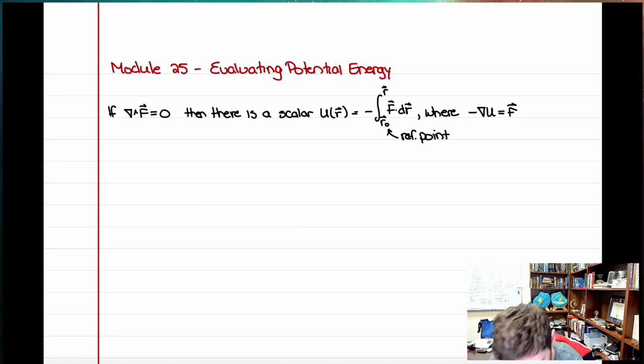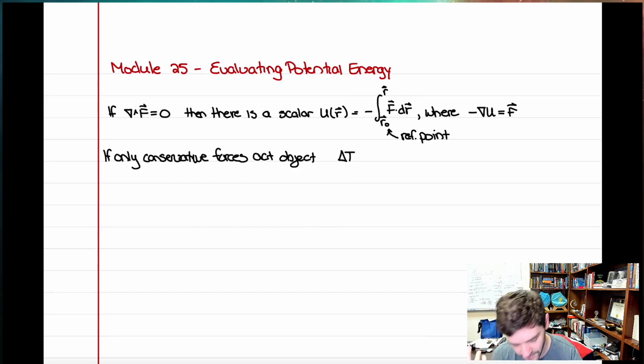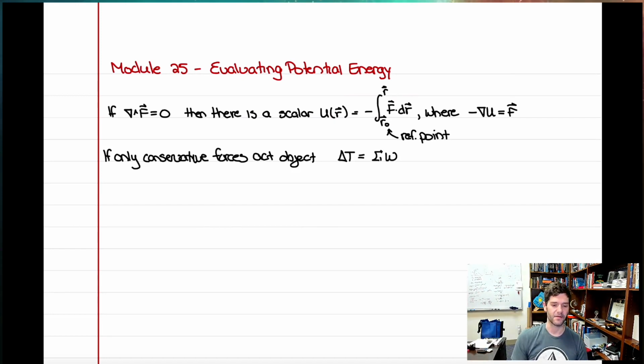And if only conservative forces act on the object, then by the work energy theorem, the change in your kinetic energy is equal to the net work being done on you, the sum of all the individual works if there are multiple forces acting on you.